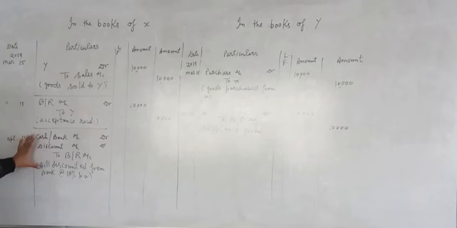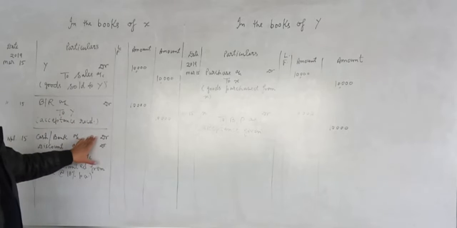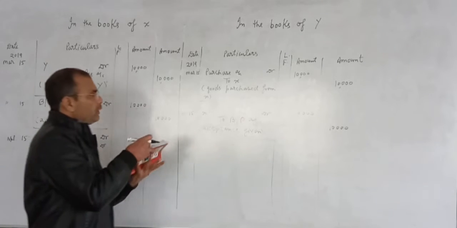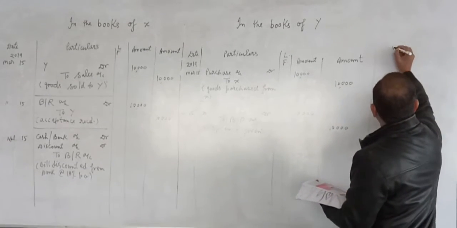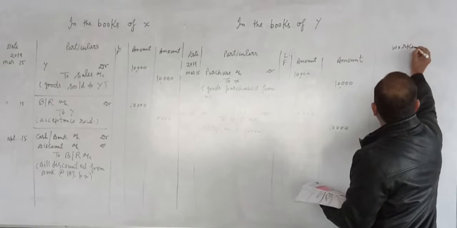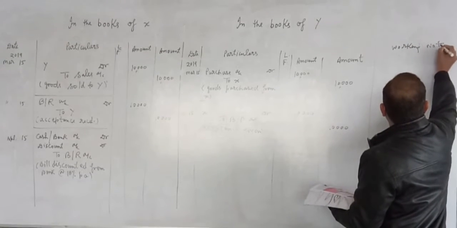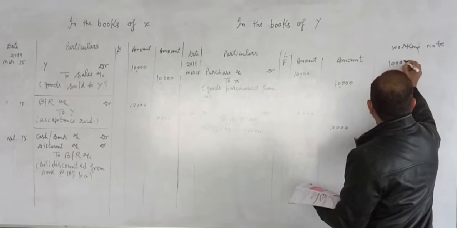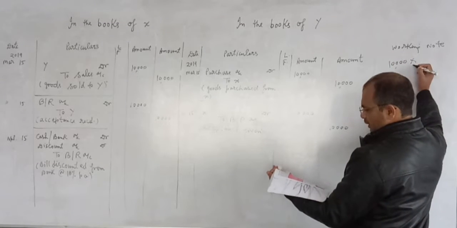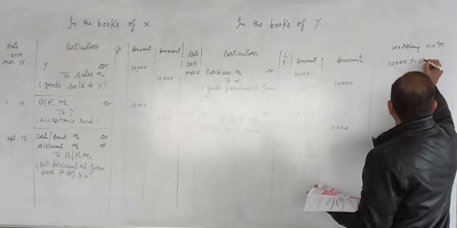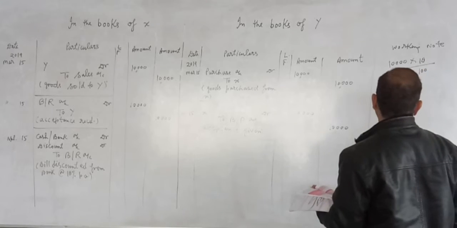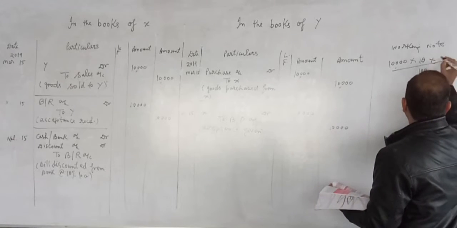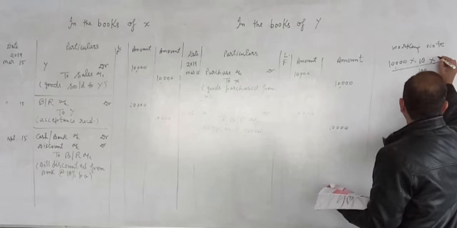Okay, how will we find the amount of discount and what amount will X get? Now we will see the calculation here. This is the working note. Amount of BR is 10,000. The rate of discount is given in the question, 18%. So we will write 18 upon 100. As you know, the duration is given in your question as 4 months.